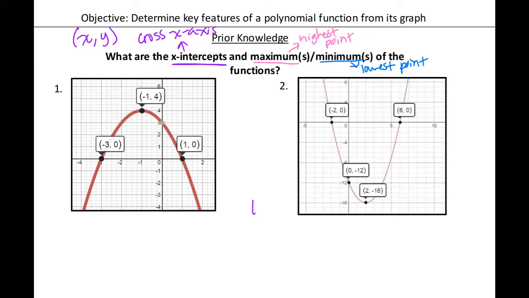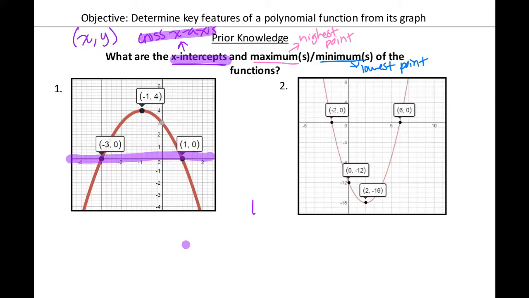Maddie, can you tell me the x-intercepts? Yes, there's four. There's two in each graph. So x-intercept is where they cross the x-axis. So -1 and 4? No, where you cross. Do you know where the x-axis is at? Yeah, this is the x-axis.